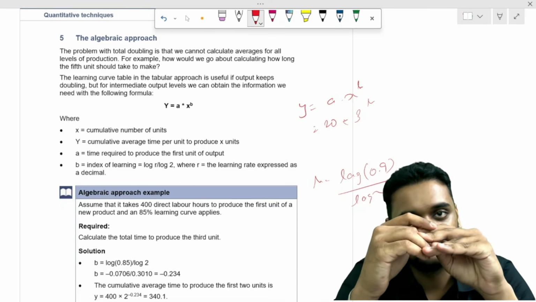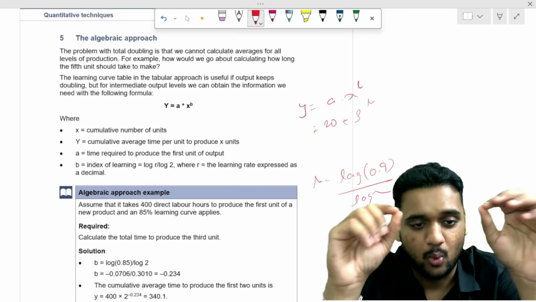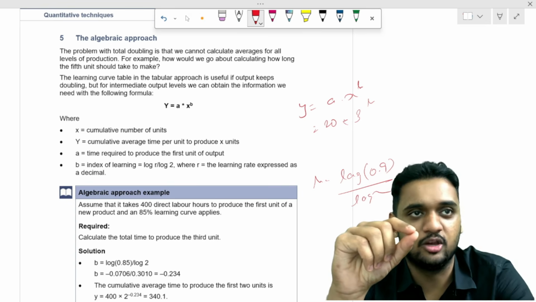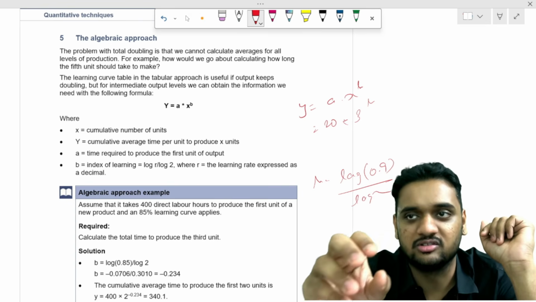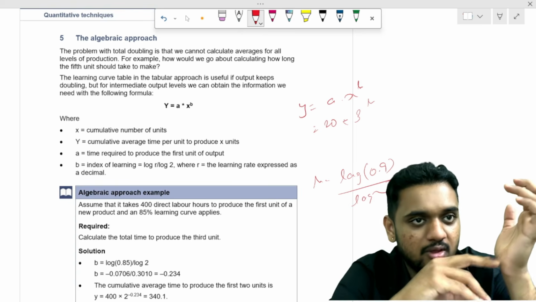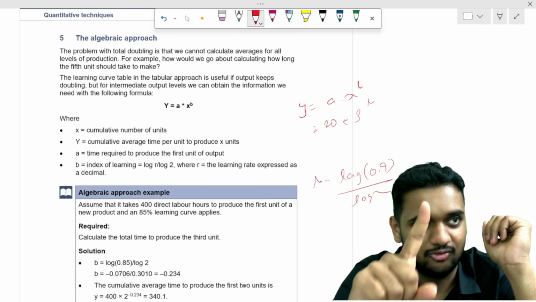Again I will tell the formula: y is equal to a into x to the power b. Y is the cumulative average time per unit for so and so units. In the exam, if they ask for the cumulative average time for 10 units, y is the cumulative average time, equal to a, the time taken to produce the first unit.